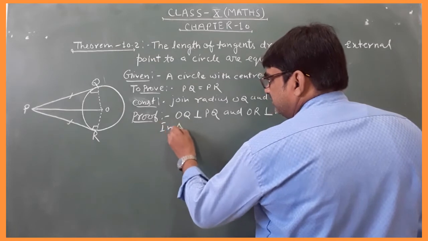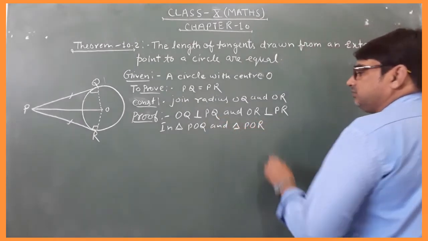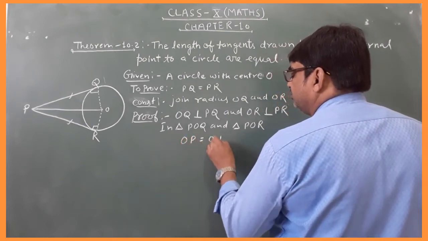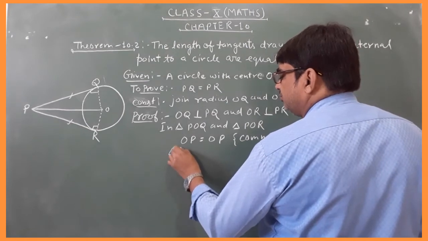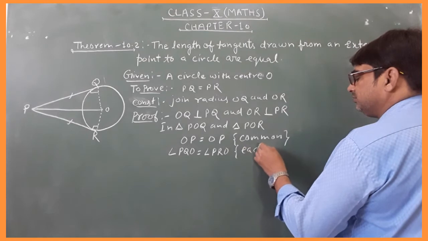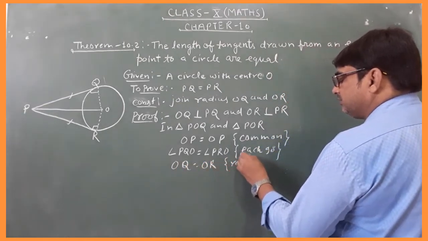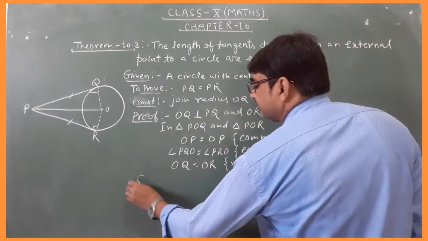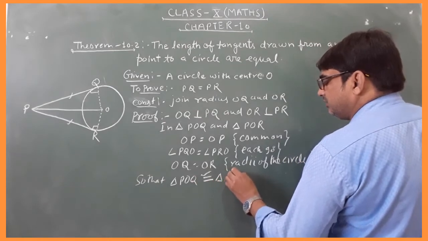In triangle POQ and triangle POR, OP is equal to OP common, angle PQO is equal to angle PRO, each 90 degree, and OQ is equal to OR, radii of the circle, so that triangle POQ is congruent to triangle POR.